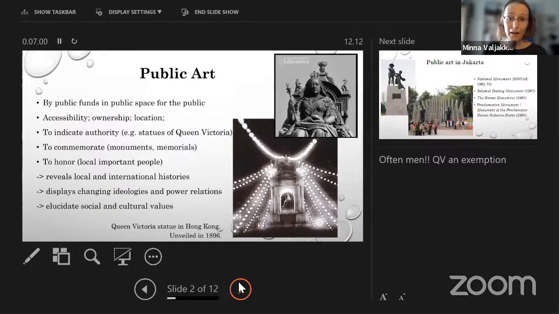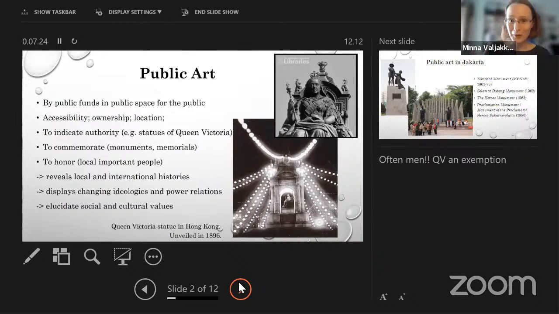So this is perhaps not surprising to anyone working in the arts, but many of these traditional public artworks are actually depicting men. And it's a big question all around the world, especially now, that a lot of the bronze statues are white men, usually on horses.